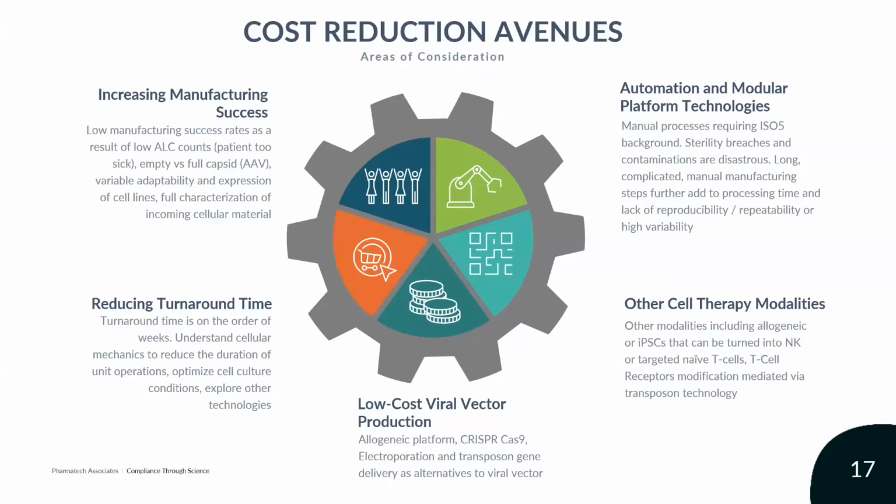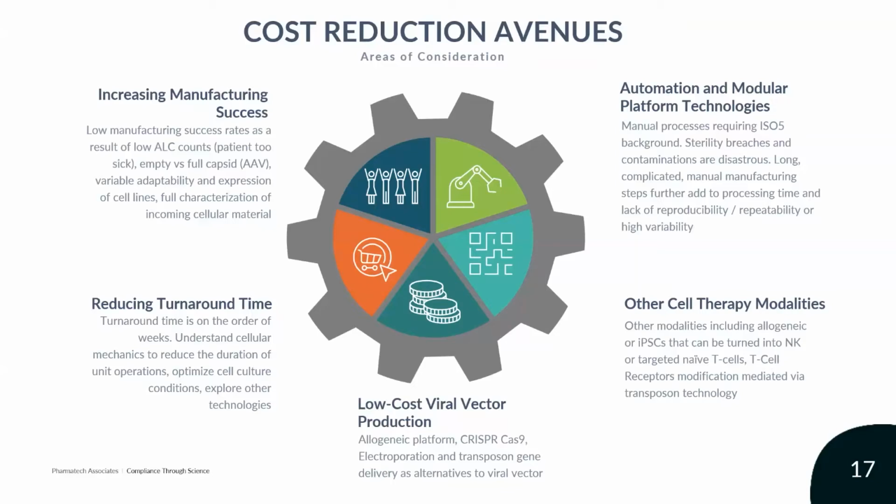And then ultimately that'll lend us quite well to low-cost viral vector production. Currently, the industry is dominated by lentivirus technologies, AAV technologies to deliver the target gene of interest, but there are other ways to do so.